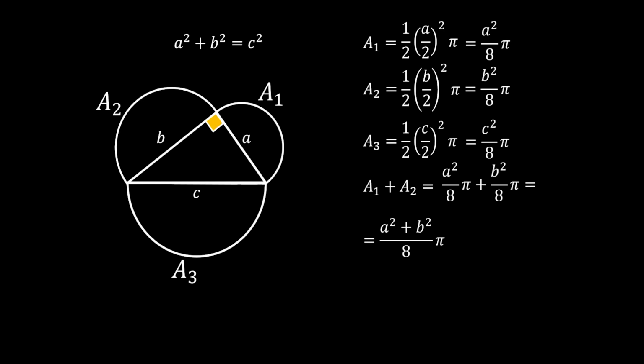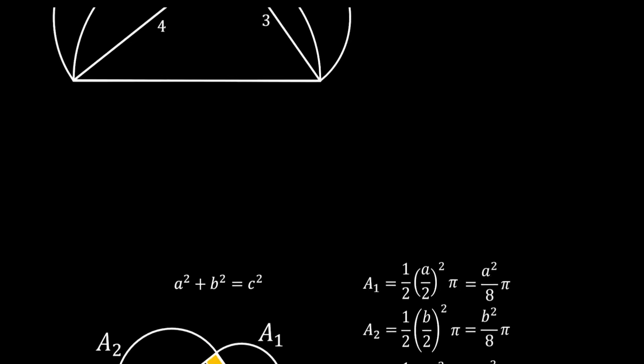Now, again, A squared plus B squared equals C squared, and you can see that again we have the value of the area A3. So in this way, we have proven that A1 plus A2 equals A3 even in the case of the semicircles. So with this awesome knowledge in your mind, you can clearly and easily solve any type of problem which is similar to this one.